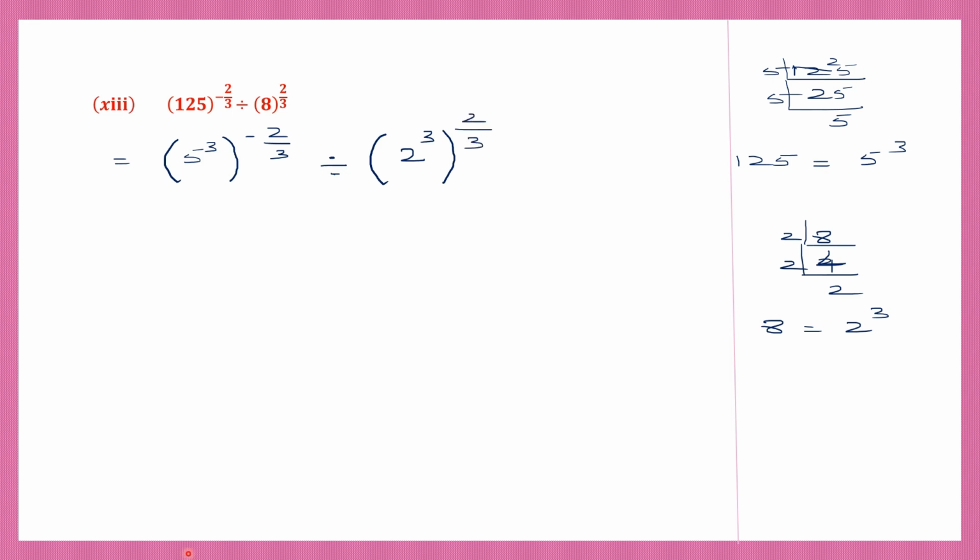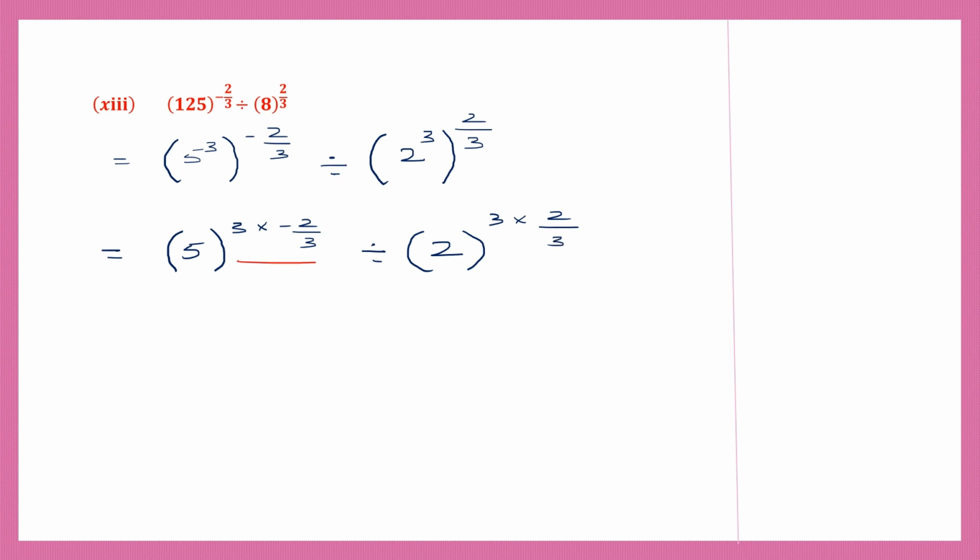Now we can apply the power law which says when a number is raised to a power and that is raised to another power, you can multiply the powers. So we can multiply the powers here and the powers here. So let's do that now. So that will be 5 raised to the power of 3 into minus 2 by 3 divided by, here also, 2 raised to the power of 3 into 2 by 3.